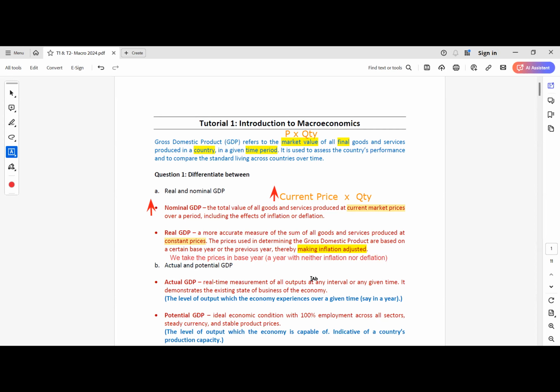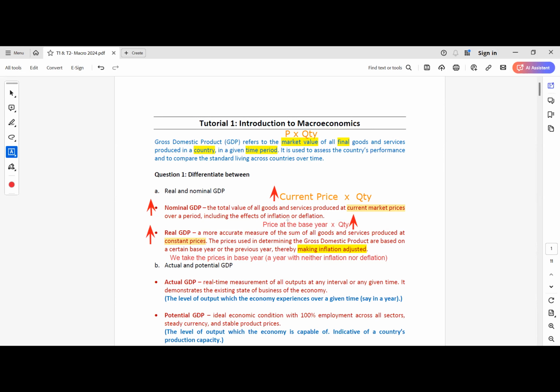It can give me a better picture because this price is constant. We call it constant price. So if I see that there is an increase in real GDP, I can straightaway draw a conclusion that the rise in real GDP is due to a higher quantity. It will not be caused by the prices because the prices are fixed.